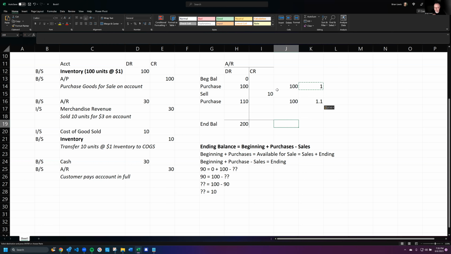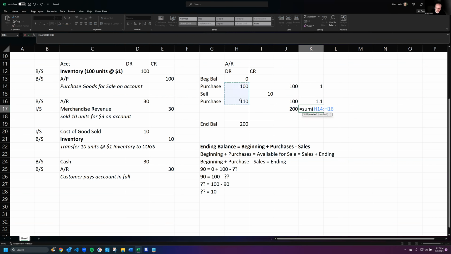Now my average cost at this point equals the sum of these two together divided by this. So my average cost should be $1.05, right?